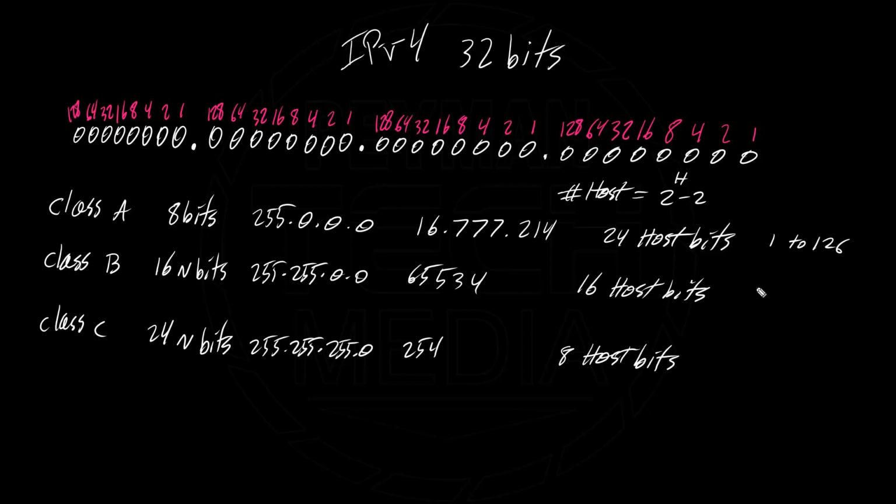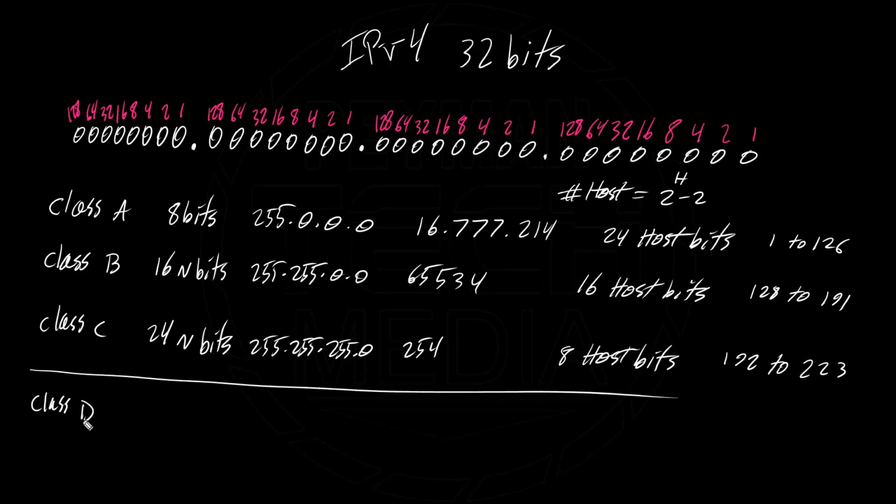For class B, the range goes from 128 to 191, because class C is 192 in the first octet, and it goes to 223, because class D, which we talked about mainly for multicast purposes, ranges from 224 to 239. And then class E, for scientific research purposes, is 240 to 255.